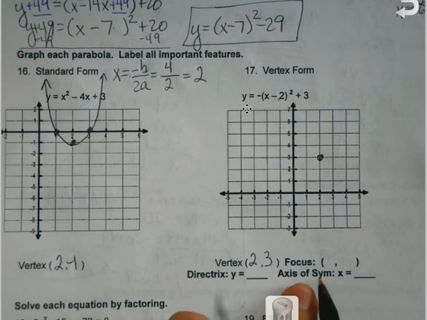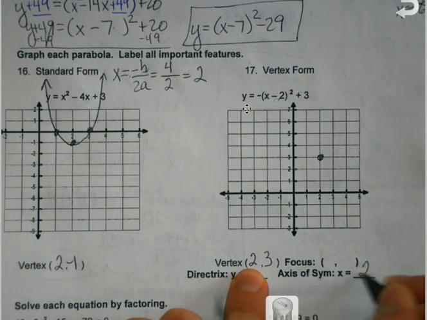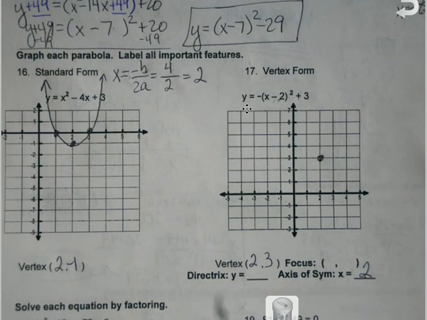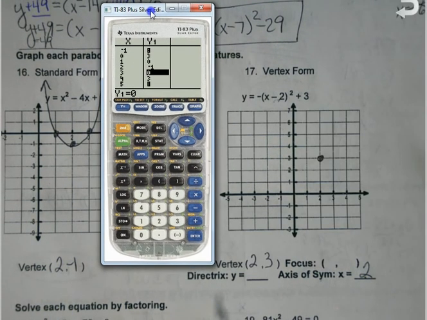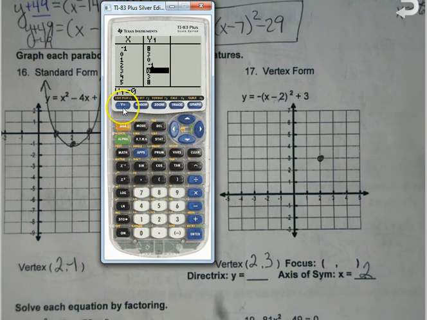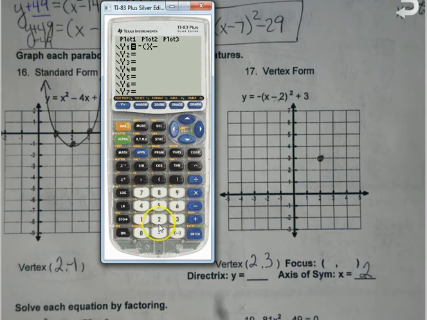My axis of symmetry. Oh, I'm going to be nice on this and put the x equals. Just the x equals my vertex. They always go together. But again, let the calculator help you with the rest of the graphing part. So I've got negative x minus 2 squared plus 3.